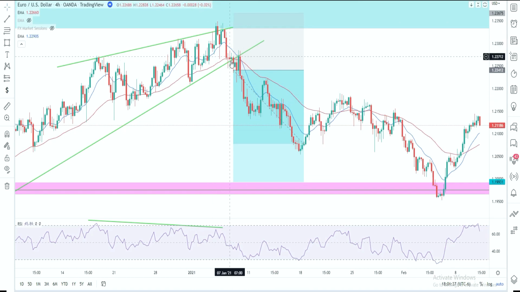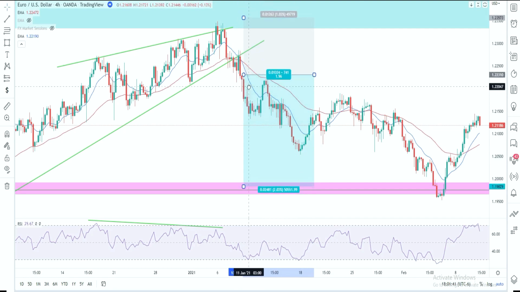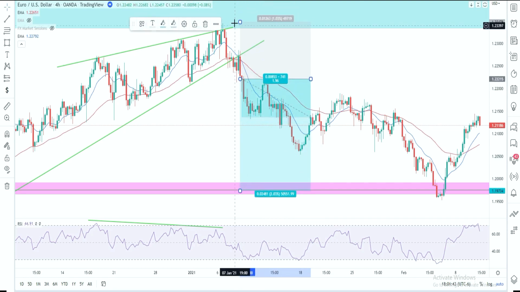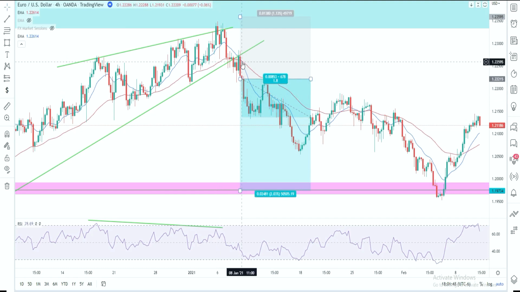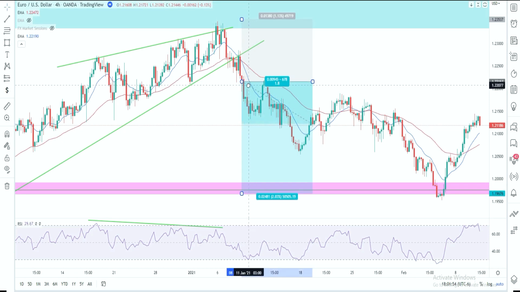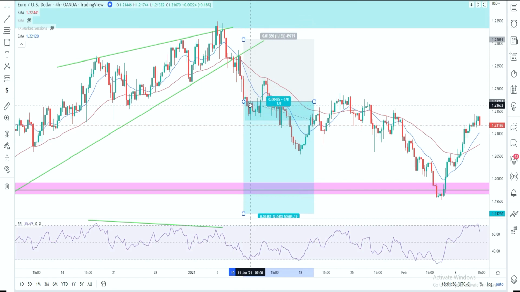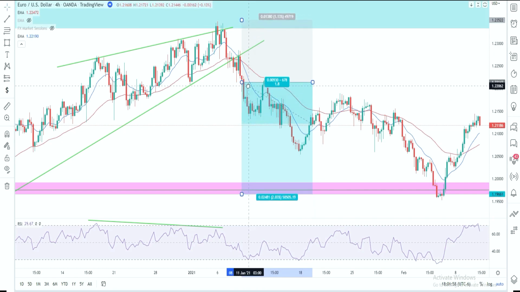Then after that, it looks like we got a pull away and a retest. We got two little wick rejections right there. Another potential entry. We've also got the crossing of the EMAs right there. So either this candle or this candle, one of those two would be the entry candle for that.